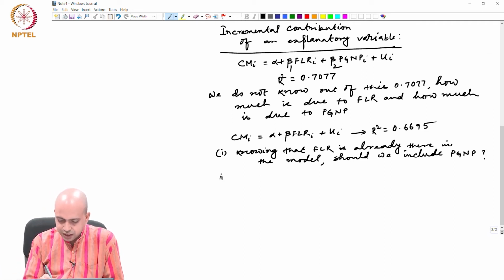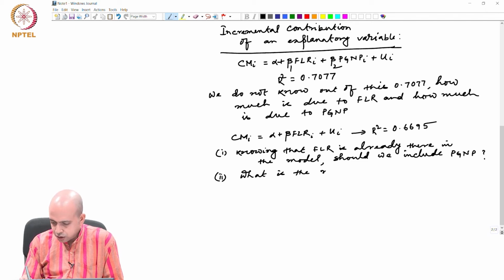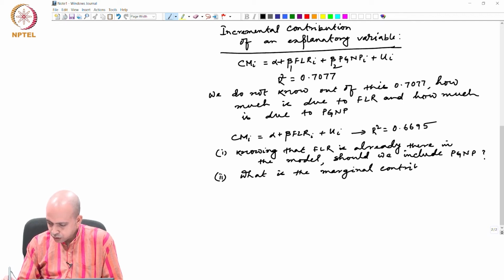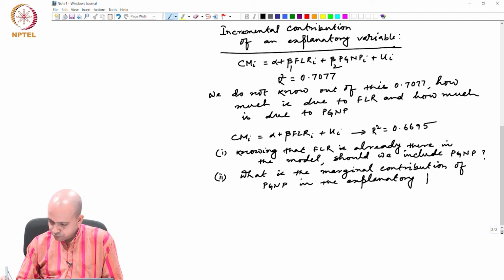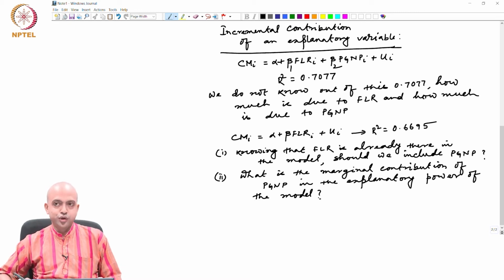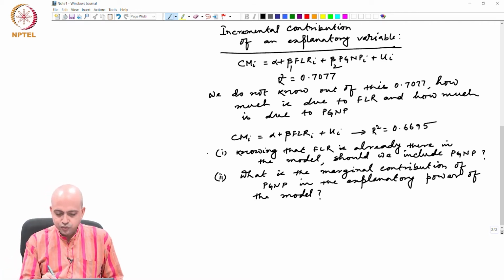Indirectly, we can say, what is the marginal contribution of PGNP in the explanatory power of the model? That is what we want to know.